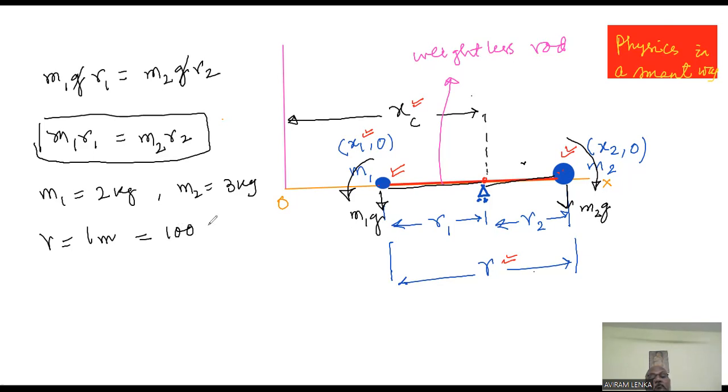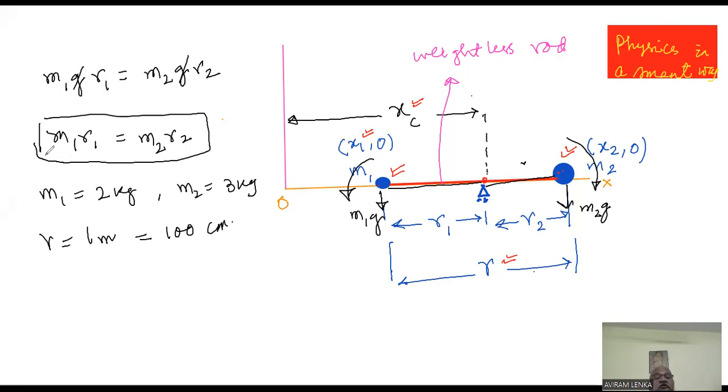You can talk in terms of meter, you can talk in terms of centimeter. I will prefer centimeter here because I do not want decimals coming in. So, with this data, we try to find out the position of the center of mass, means the values of R1 and R2.